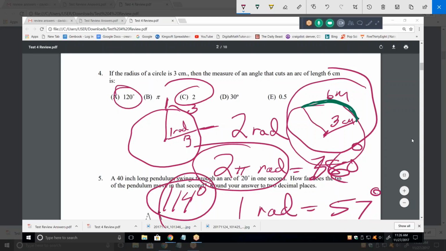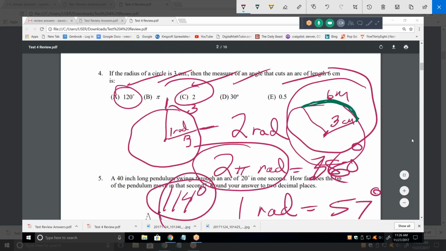In other words, they haven't told us whether they're going to give the answer in terms of radians or degrees. You'll notice that one's in degrees, that one's in degrees. That one is actually in radians, and that one's in radians, and that one's in radians.